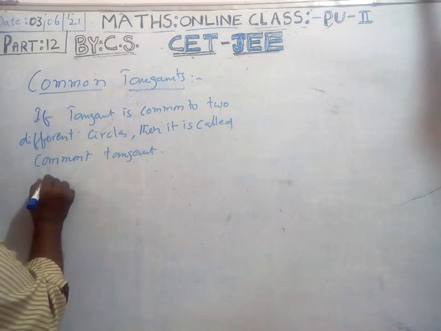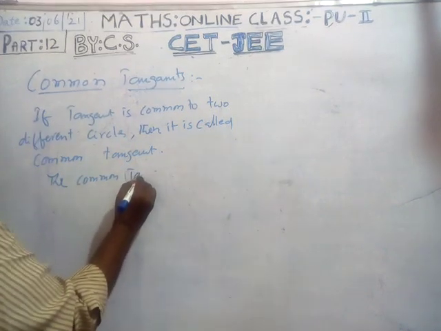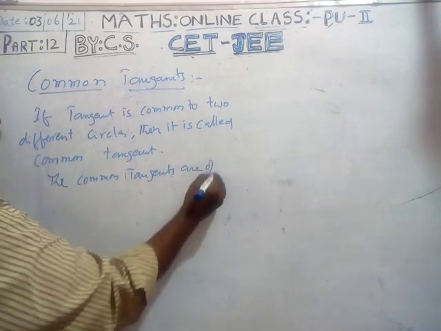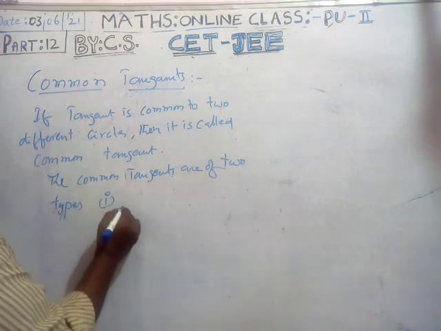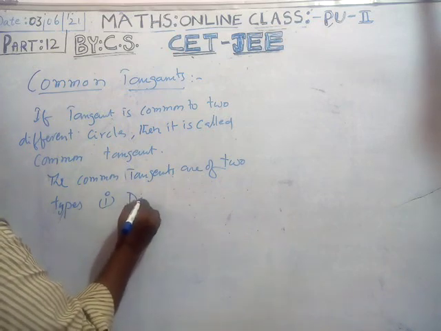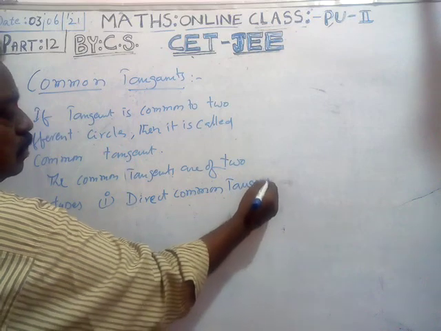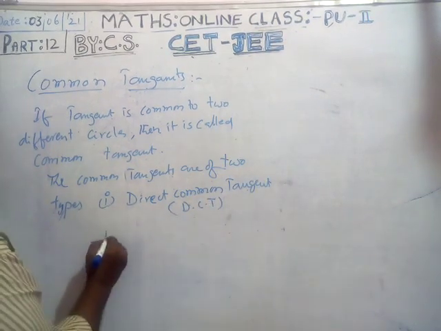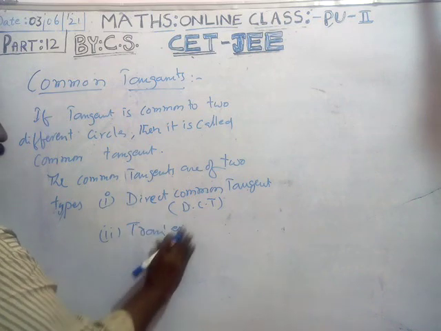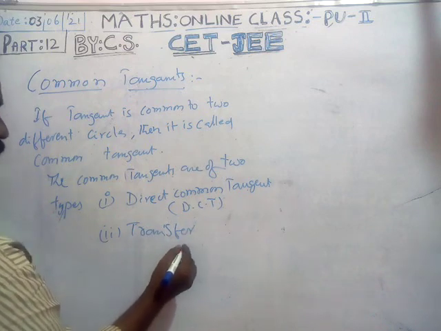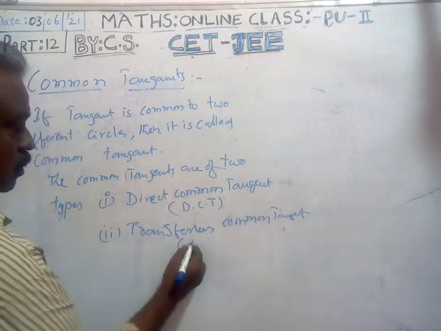The common tangents are of two types. They are direct common tangent, in bracket it is a DCT, and transverse common tangent, that is TCT.